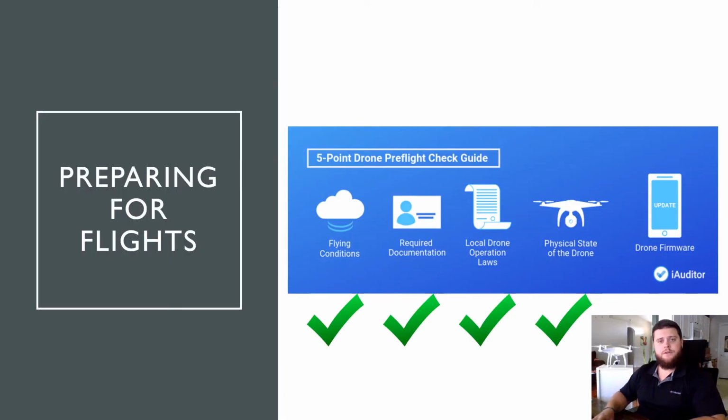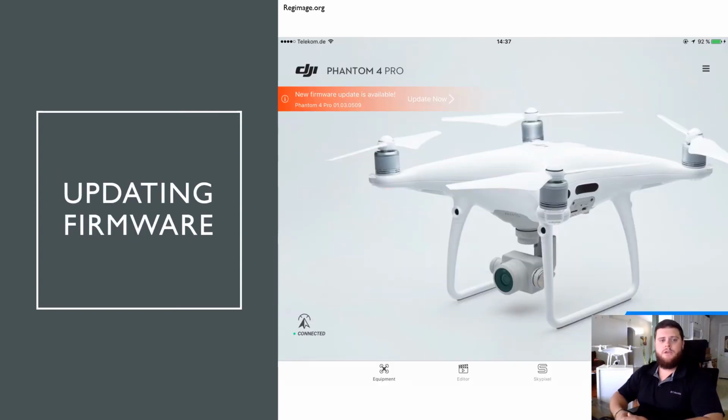So we've checked our physical state of the drone, we've checked everything else. We just need to make sure our firmware is good. So if we went into the DJI Flight app and we wanted to fly this DJI Phantom 4 Pro, this little red banner at the top, if our firmware was consistent with the most updated version, it would say updated version or something along those lines, and it would allow you to click on Go Fly down in the bottom right corner.